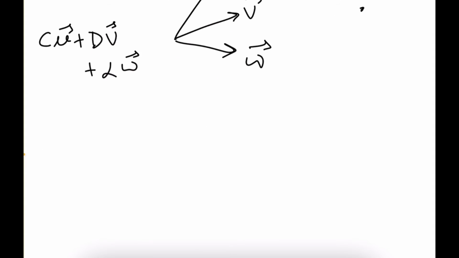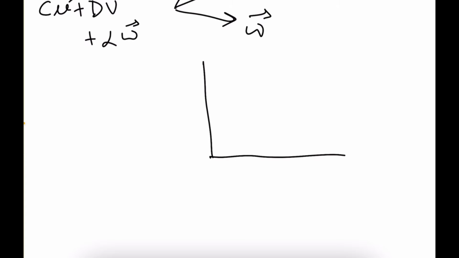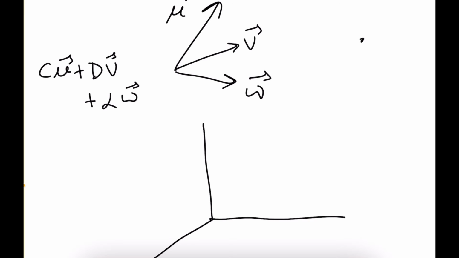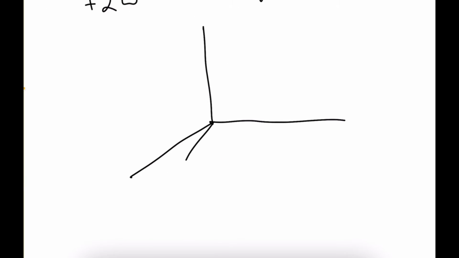But if all the three vectors lie on the same plane, that is, if all u, v, and w lie on the same plane, then there is no way for me to reach a point here in space.